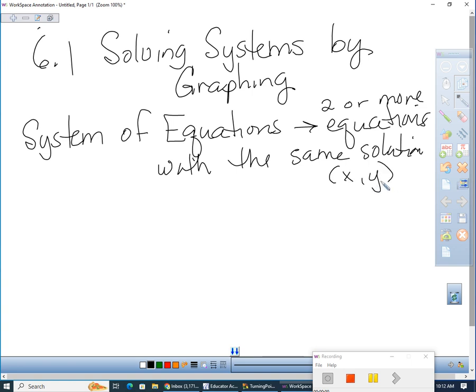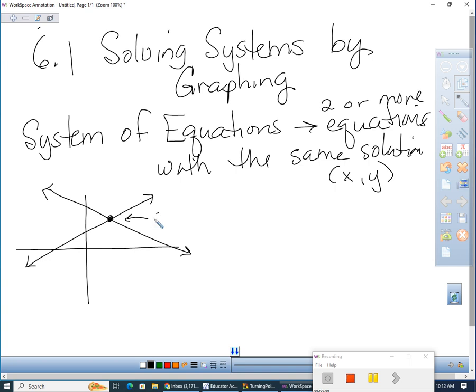All right? So, when you are graphing today, and again, we're doing it by graphing, if you have two lines that intersect each other, where they intersect right here is your solution.